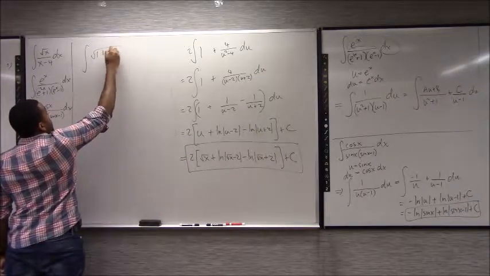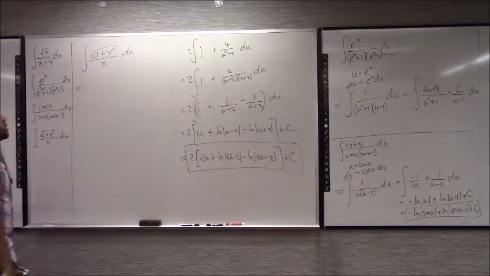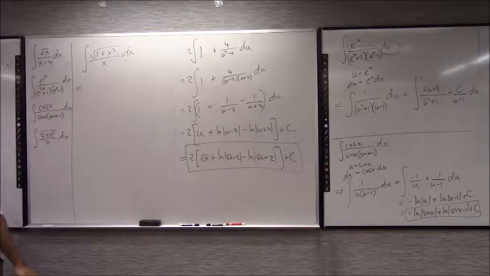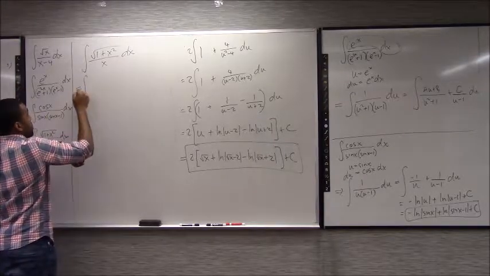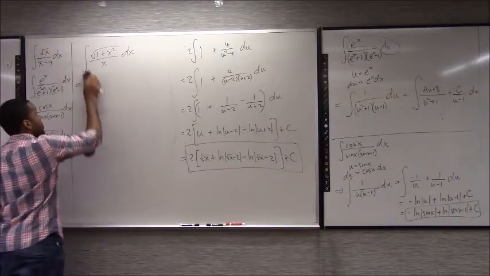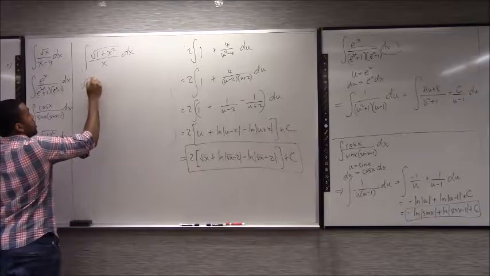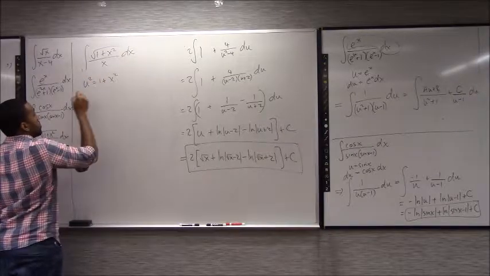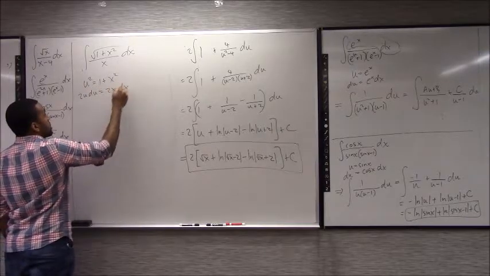We did this by tricks before, so you can actually compare the methods. Probably what I would do here is something like u squared equals 1 plus x squared, so 2u du would be equal to 2x dx.